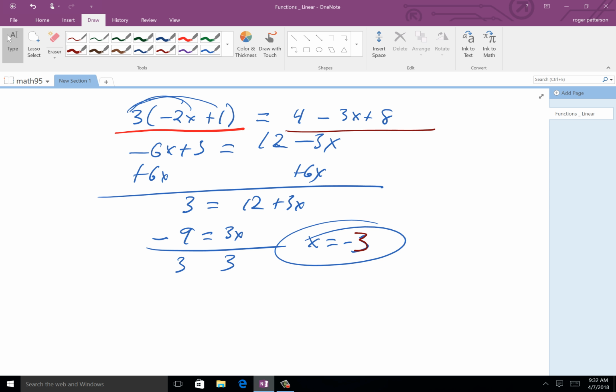I'm not going to do a lot because we obviously know what the answer is. So you would come up here again and click and delete. Then we would type in the first equation, 3 parentheses -2 x1 plus 1. Oops, I have to put x1 there.